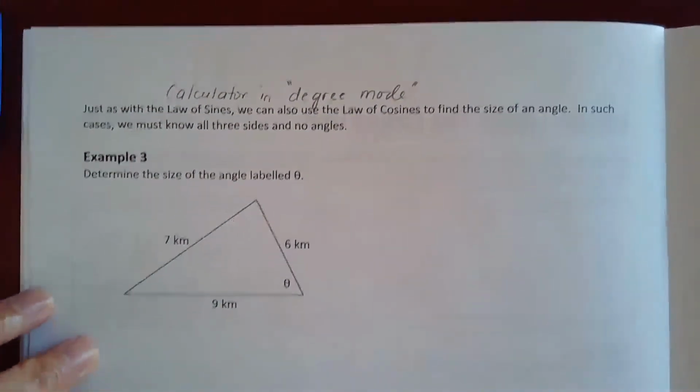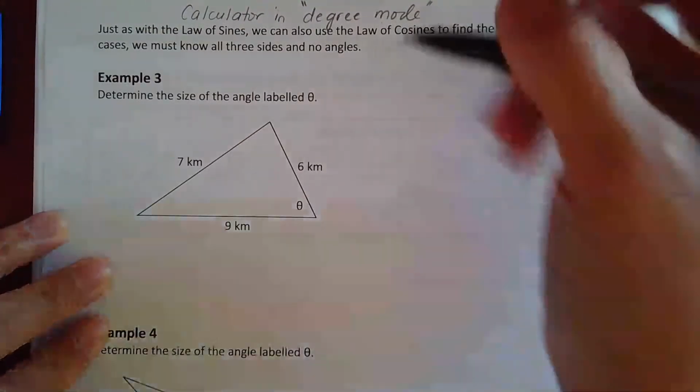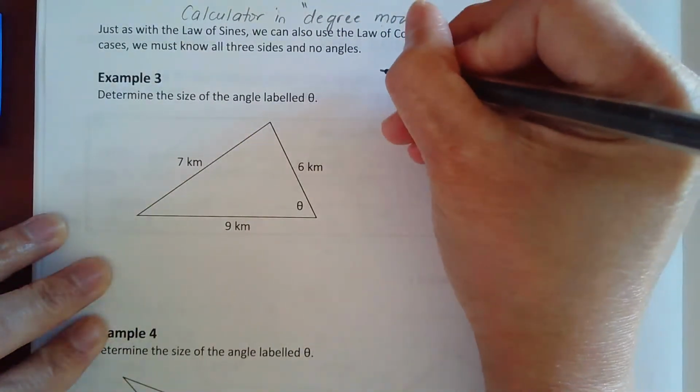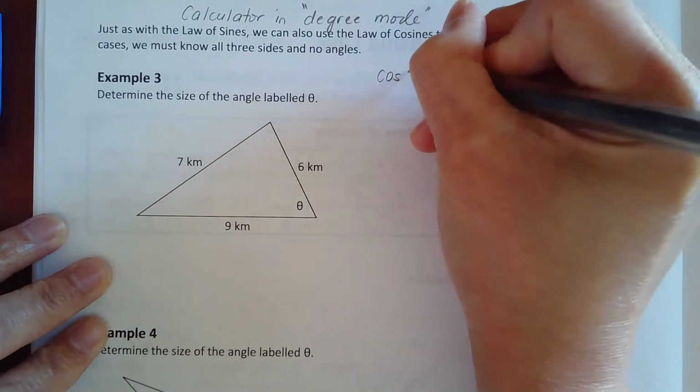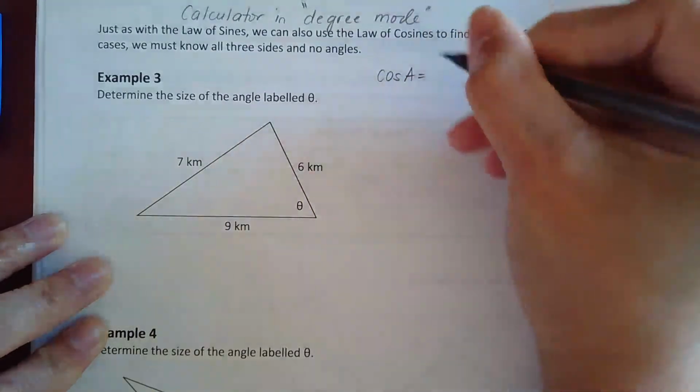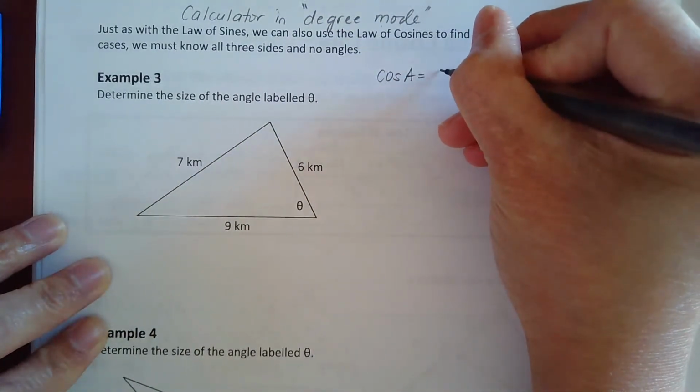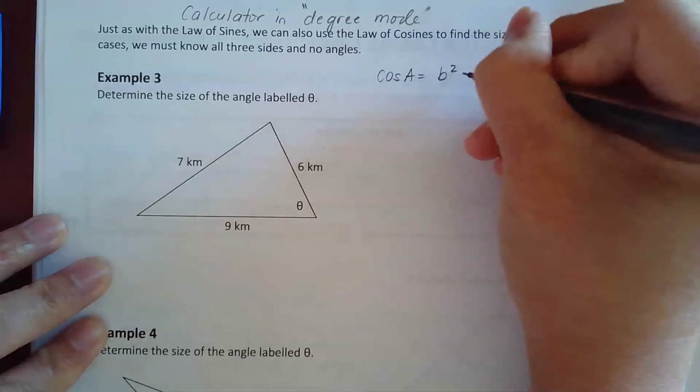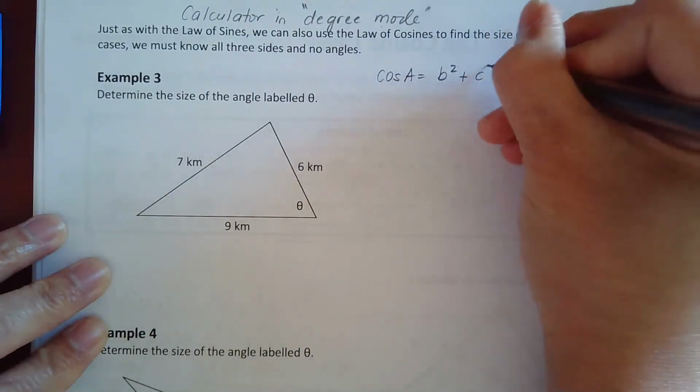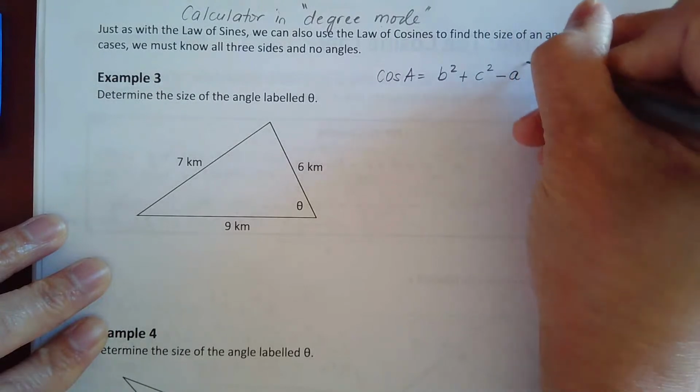Here we go. In this particular case, I'm going to write down the formula here. Cosine of angle A is equal to b squared plus c squared minus a squared.